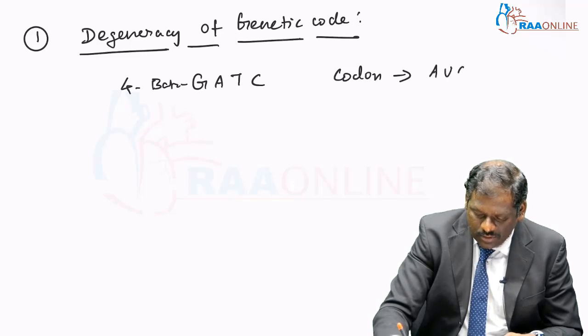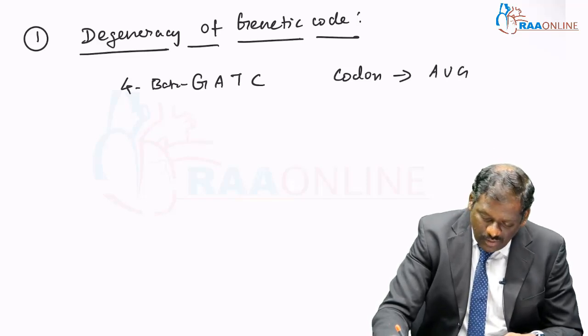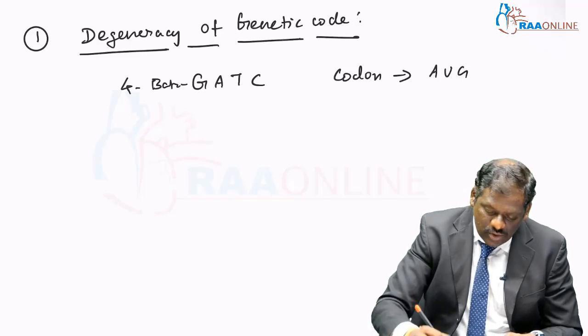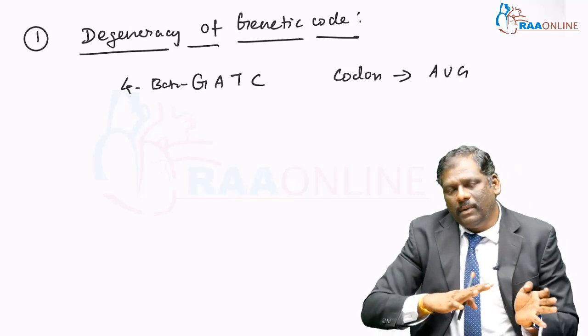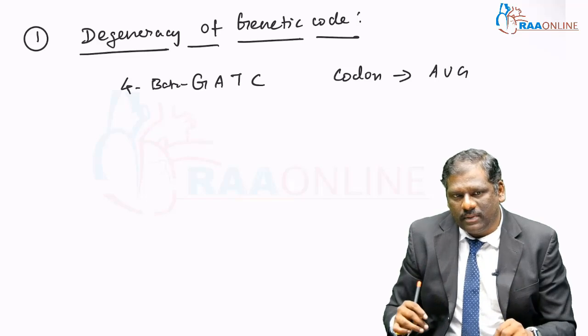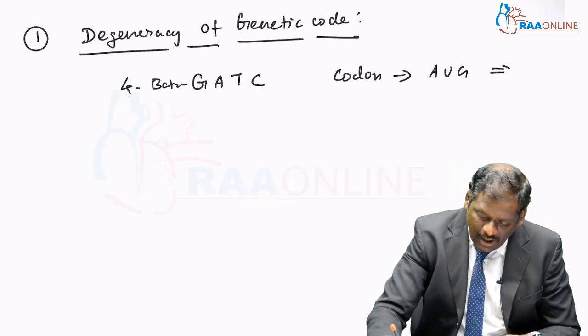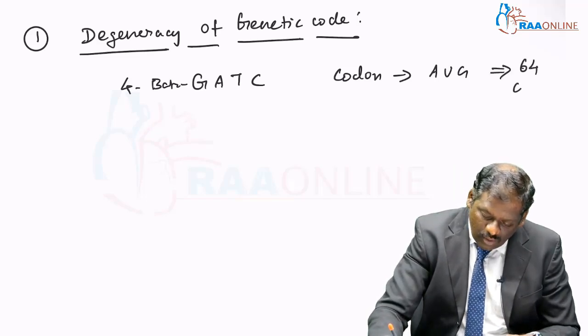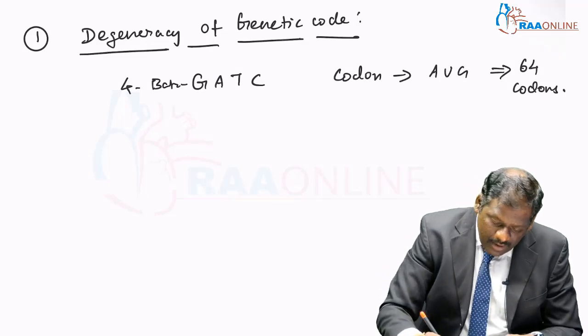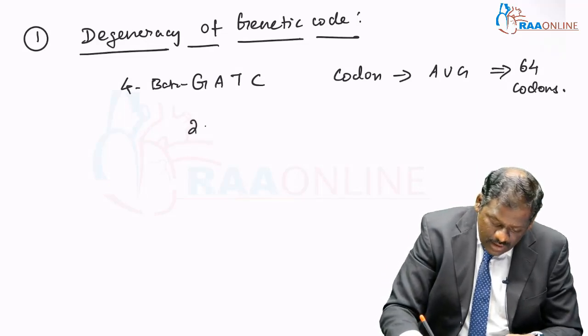It could be A, U, G or something. So here it is 3, right? If you put the permutation and combination, they can possibly have 64 codons. So how many amino acids do you have? You have only 20 amino acids.